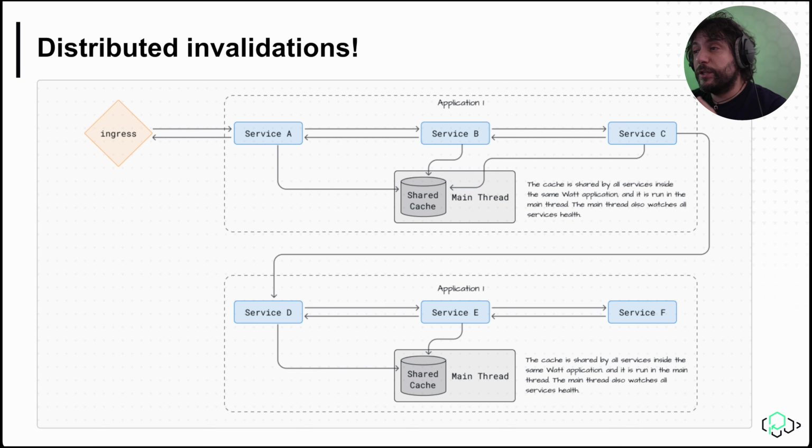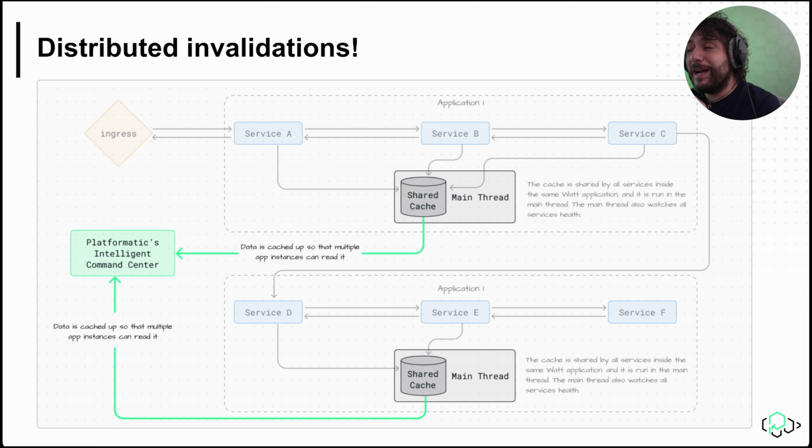Let's talk a little bit about how that helps with invalidation. So if you need 2 applications or multiple copies of the same application, the concept is exactly the same. Every single application has its own shared cache local to it. However, these are also multiple copies, and how do you keep them in sync?